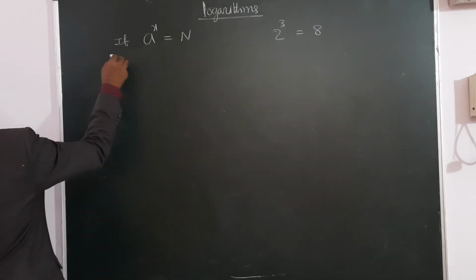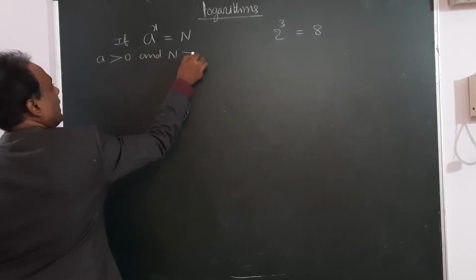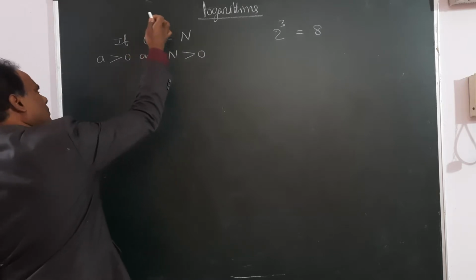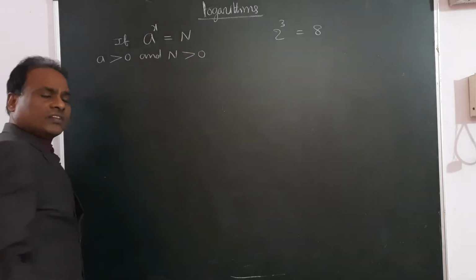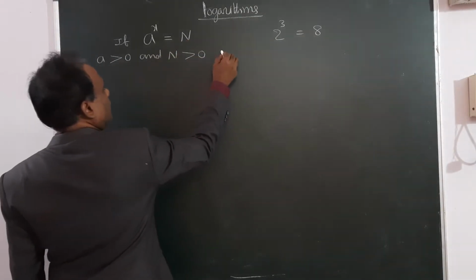a power x is equal to n. But here the condition is a is positive and n is also positive. If a is positive, base is positive, for any power that result is also positive.